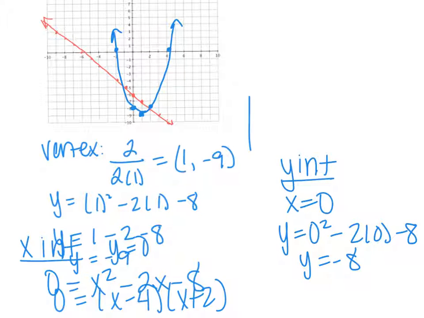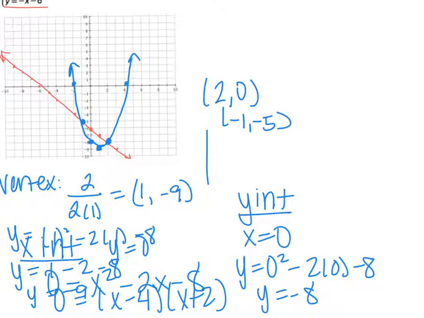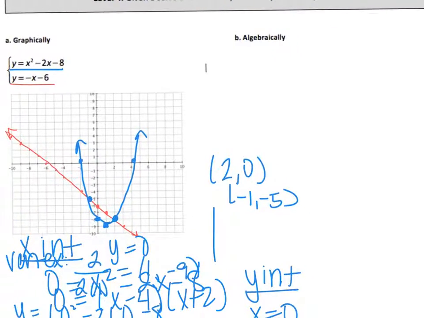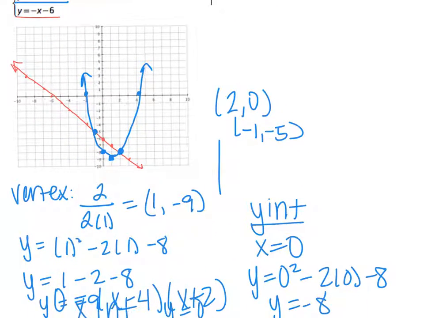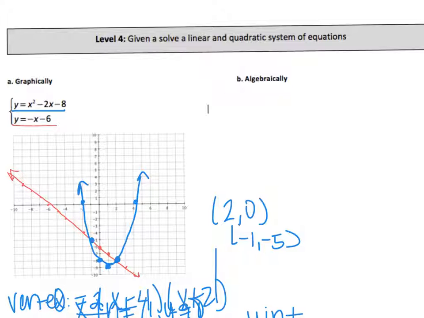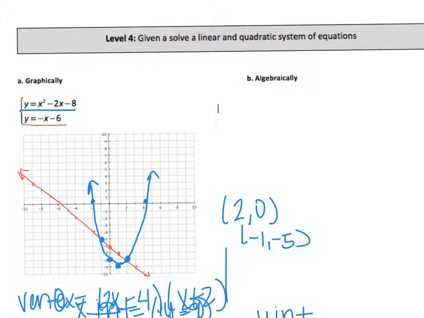Okay, so we want to count our intersections. Got 1 there, got 1 there. So you got 2, 0, and negative 1, negative 5. So let's see what happens when we solve this algebraically. If I solve this algebraically, I'm going to solve by substitution, I think.